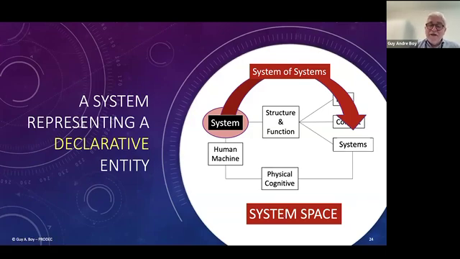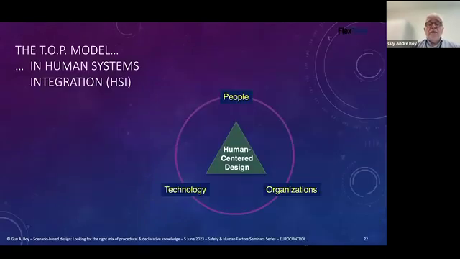We are developing right now a support for a product that will enable you to develop these declarative entities incrementally on a computer. All this needs to be thought in 3 ways. And I call that the TOP model: technology, organization, and people.